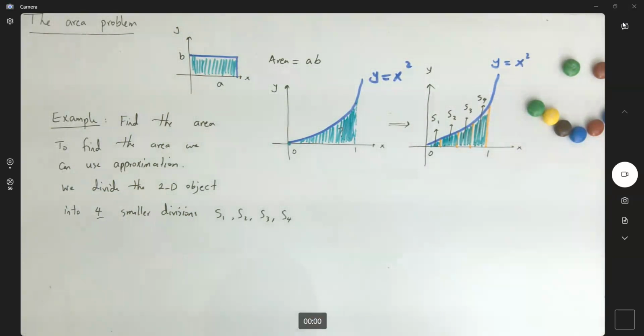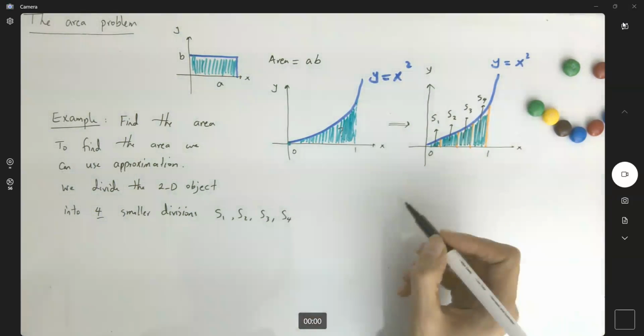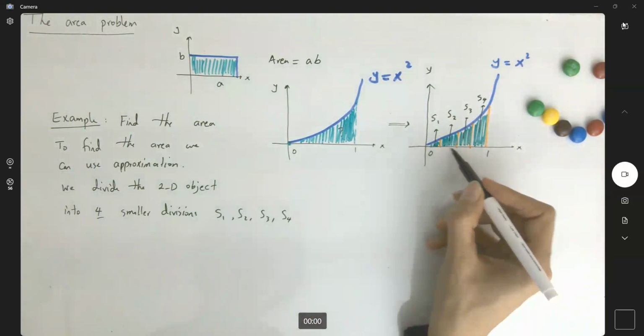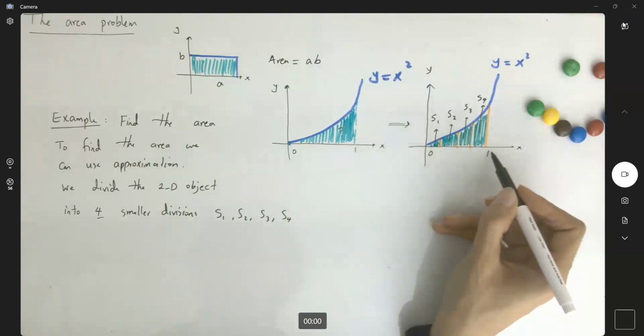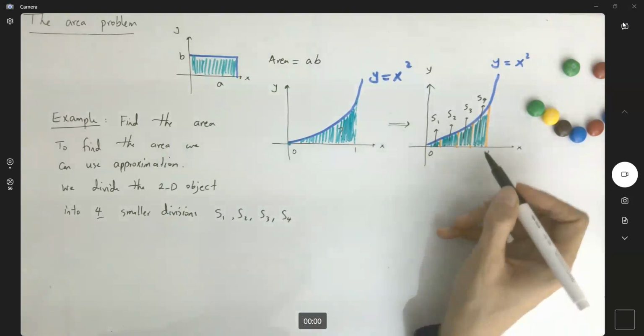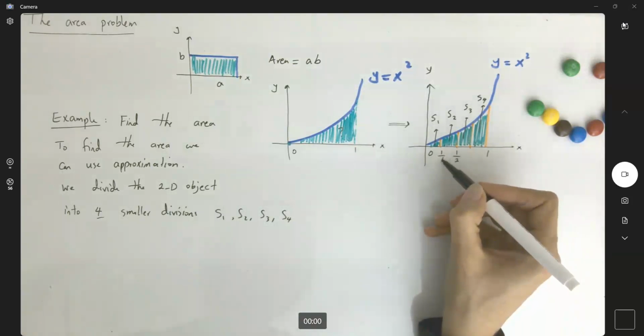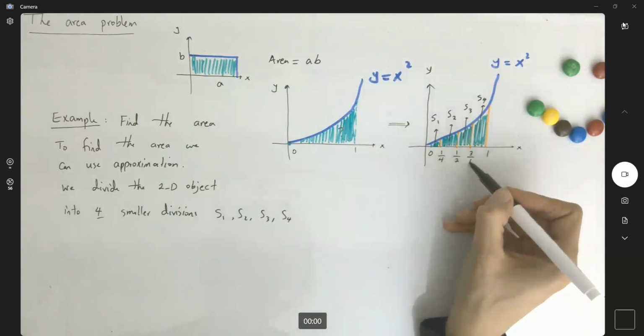Very good. S sub 1 is defined on 0 to 1/4. These are all equally divided. So between 0 and 1, you have a half, between these two, you have a fourth, and here you have 3/4.